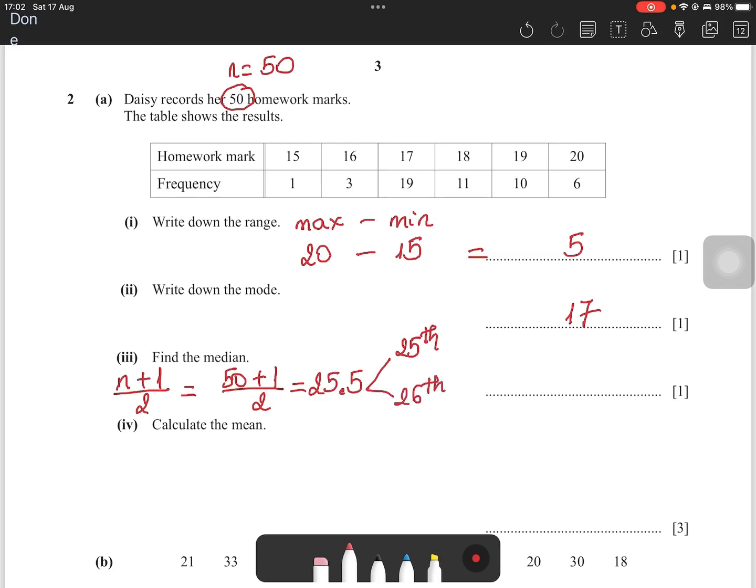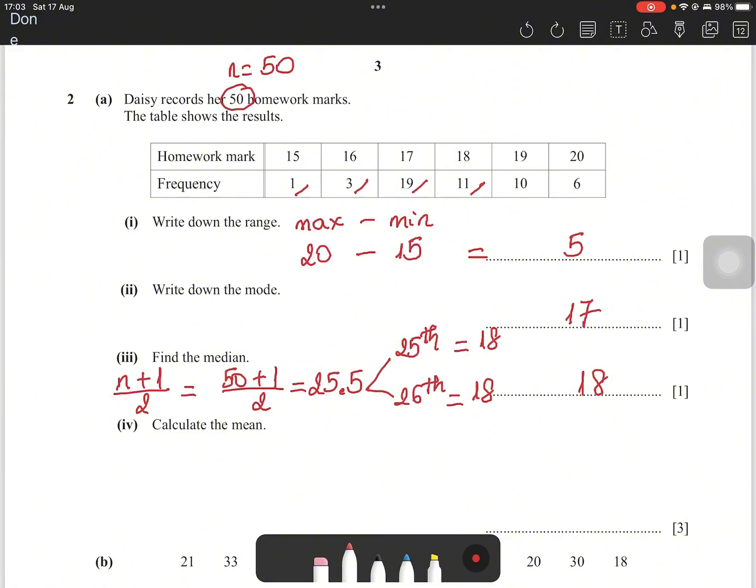So let's add them up together. 1 plus 3 is 4. 4 plus 19 is 23. 23 plus 11 is 34, which means the 25th and the 26th values are 18. So the 25th value is 18 and the 26th value is also 18. So the median is 18.